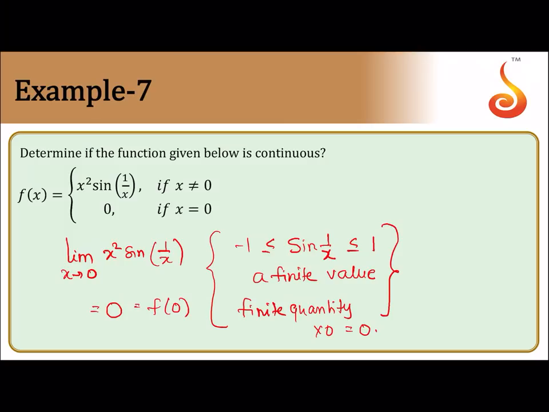Finite quantity into 0 is equal to 0. So therefore, function is continuous everywhere. x square sin 1 by x is continuous everywhere. I hope a simple example. So finite quantity into 0 is always 0.